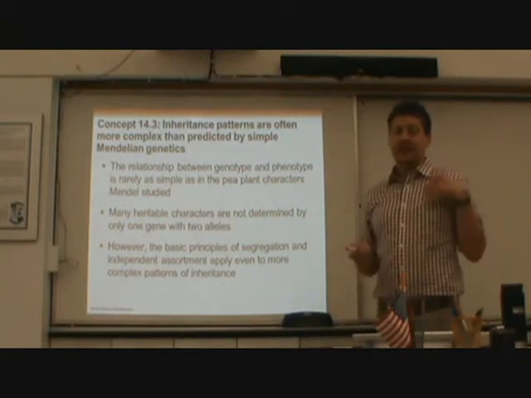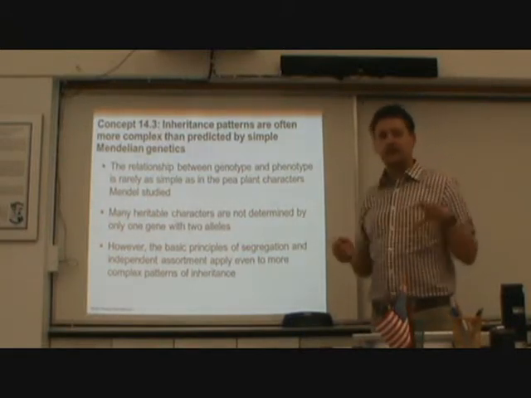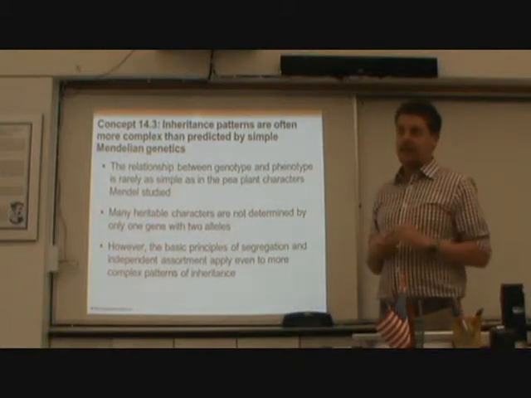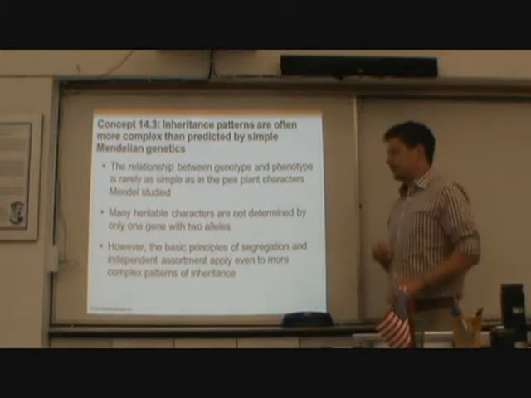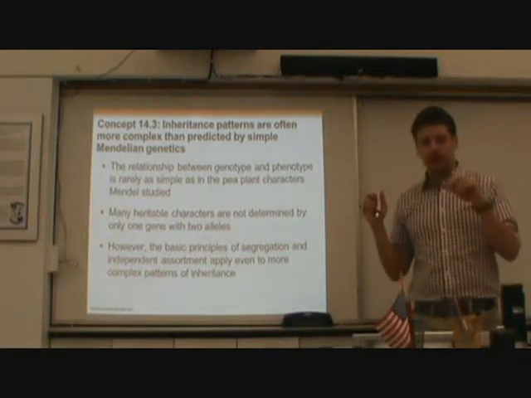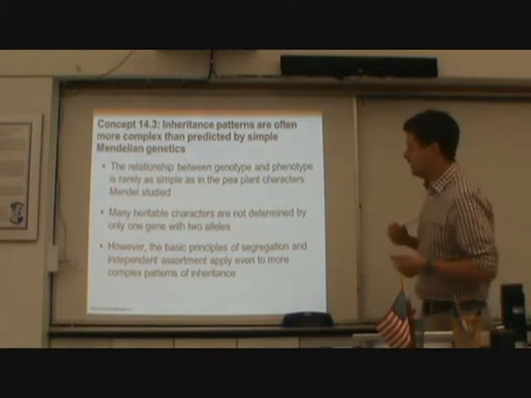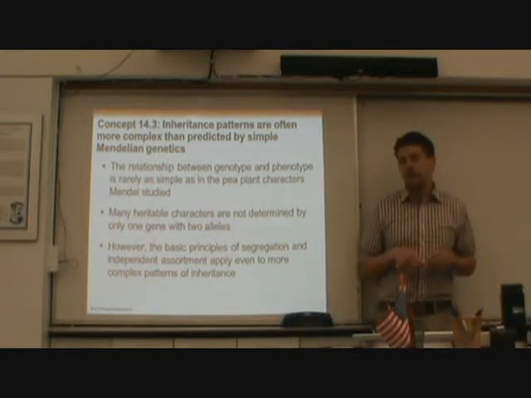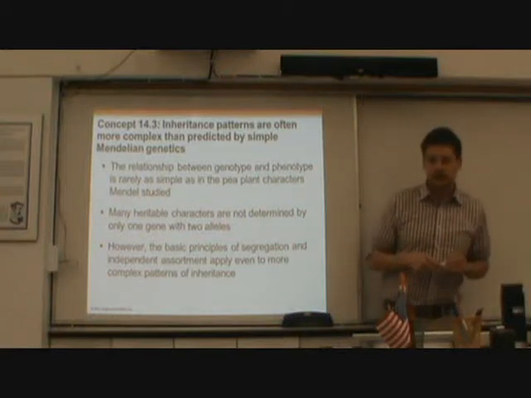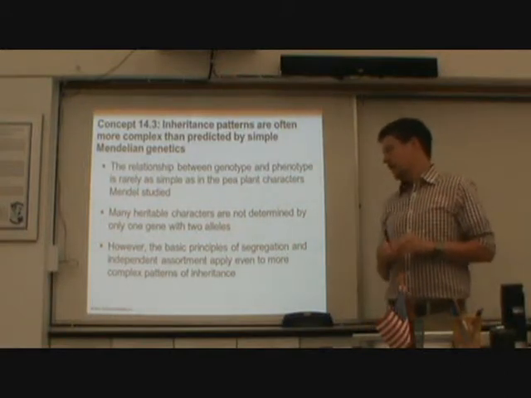And so like I've said a couple times now, Mendel was maybe lucky, or maybe he just chose well the characters that he was looking at. A lot of heritable characters or traits are not just determined by a single gene or by 2 alleles, and we're going to look at some examples of those things.